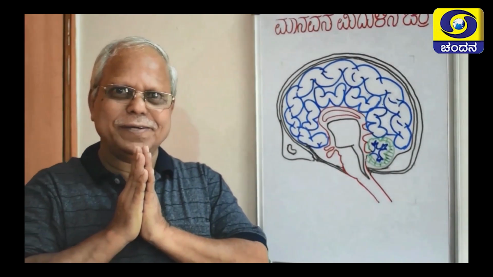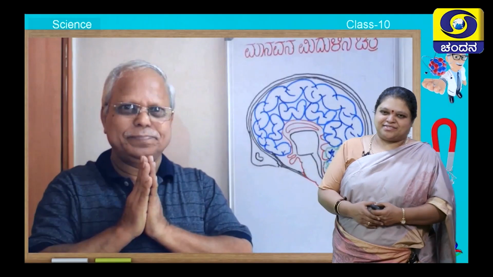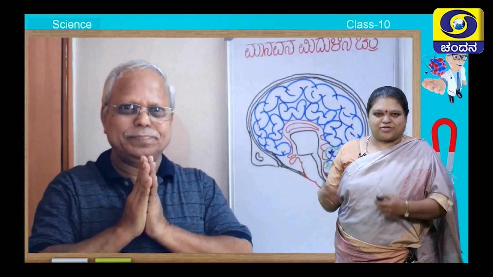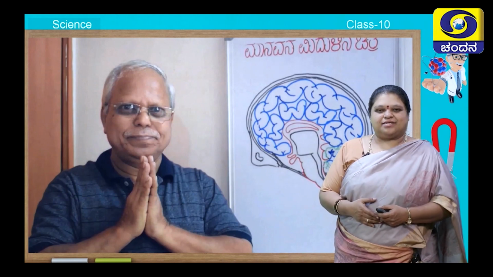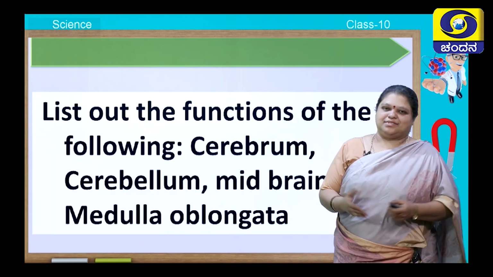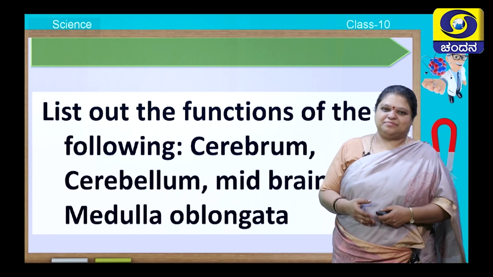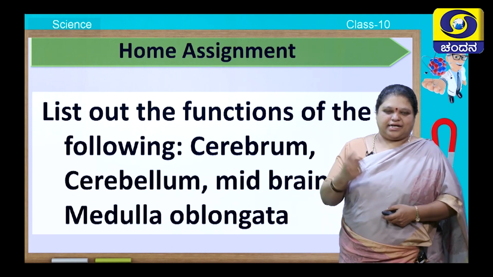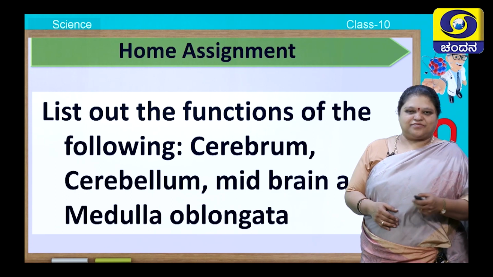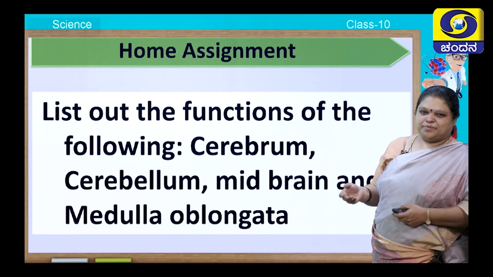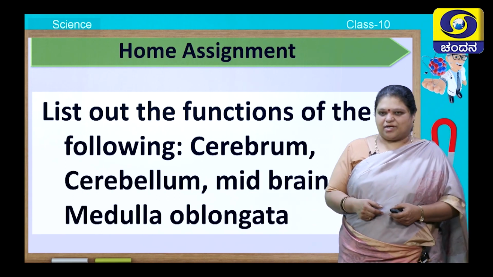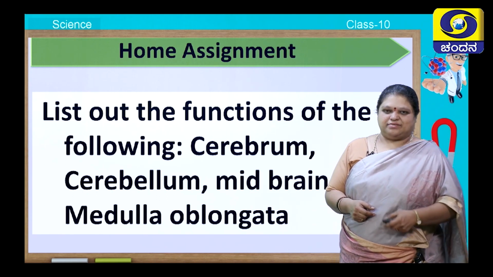Namaste, one and all. Thank you very much, sir, for teaching our children how to draw the diagram. Next we will see some home assignment, that is homework for you. Write down, list out the functions of the following: cerebrum, cerebellum, midbrain and medulla oblongata. Next question.